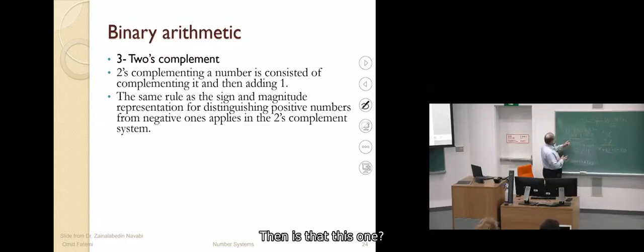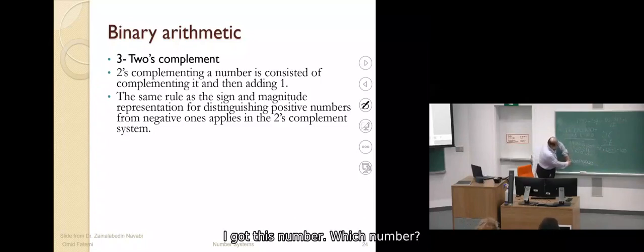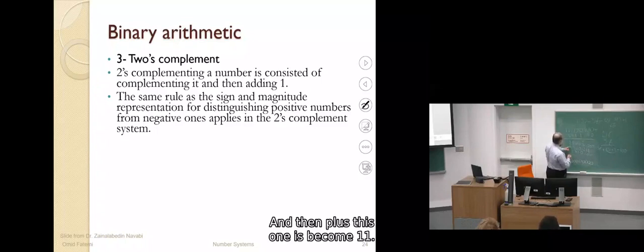where is that? This one. When I added this to this, don't consider this. I got this number. Which number? This here. This one was, I guess, this number. So this, no, I didn't get that. Where is that? 11 plus this one becomes 11.